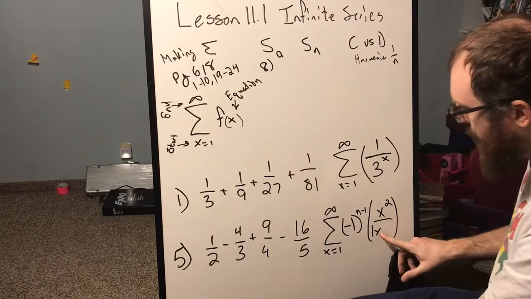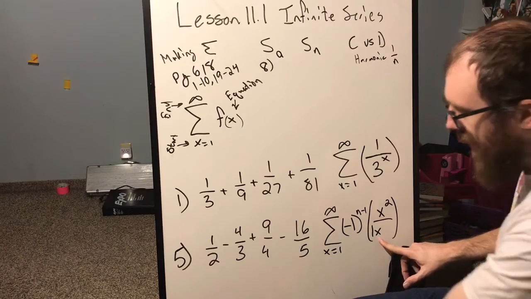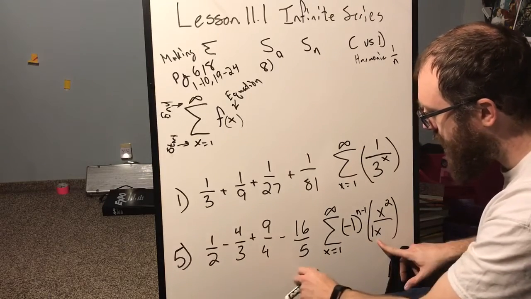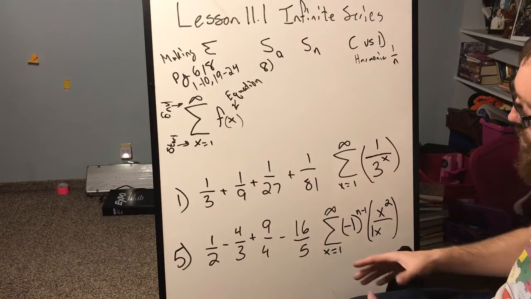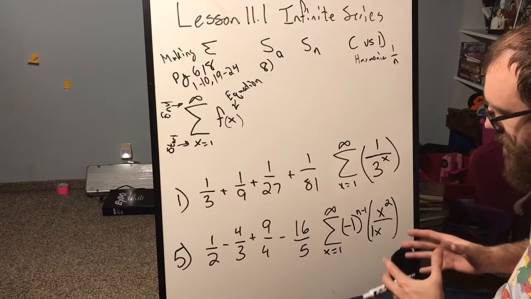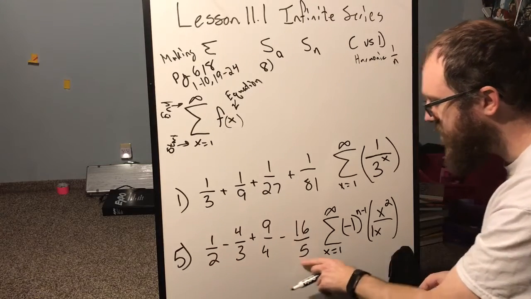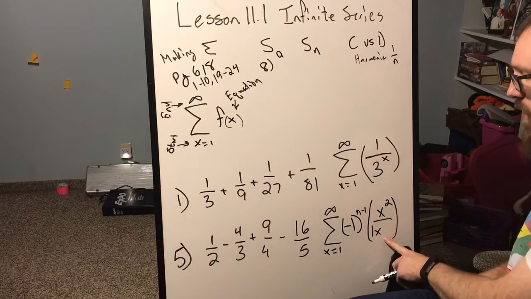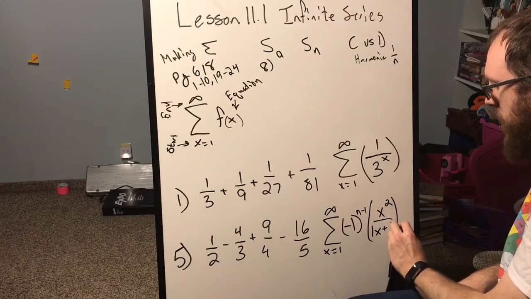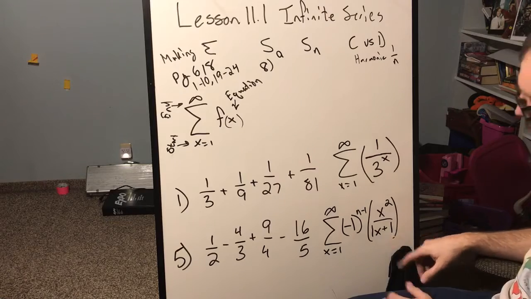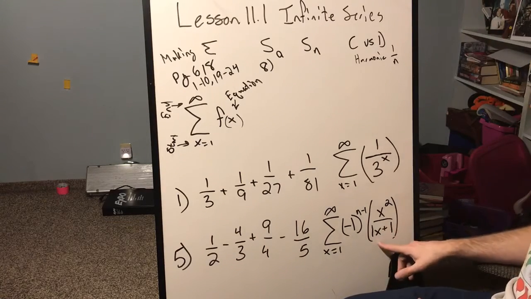But if I leave this as my answer, 1x, I would have 1, 2, 3, 4, 5 as my values down below. So I need to adjust them slightly because I didn't start with 1 here. If it went 1, 2, 3, 4, I would be good right now. But because it starts at 2, I need to add this 1 over here. If it started at, say, 5, I would add 4, because typically my pattern would start at 1.